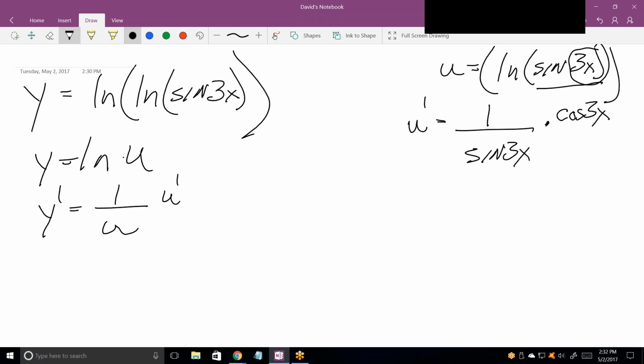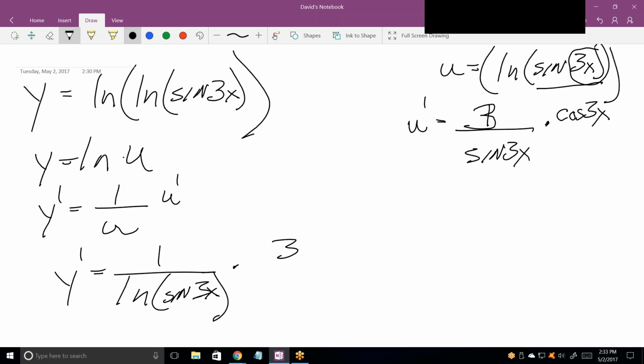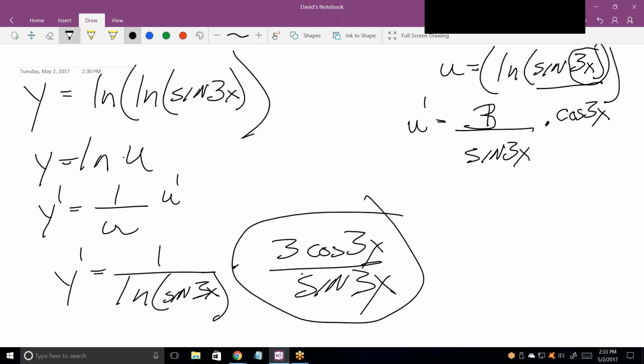Oh, 3. So that's what u prime is. So my answer is going to be 1 over natural log of sine of 3x times u prime, which is 3 cosine of 3x over sine of 3x.